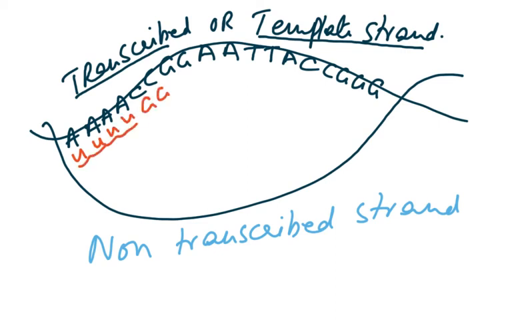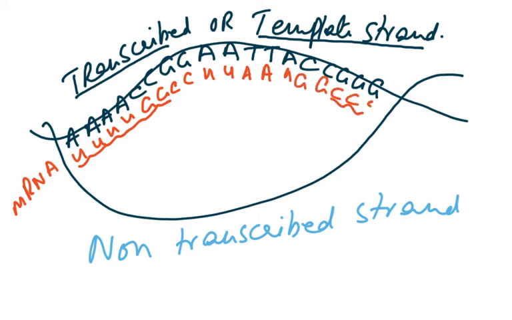So this in red is the mRNA. So the mRNA is going to be copying one of the strands, and that strand is going to be called the transcribed strand. And then the RNA polymerase is going to join this.